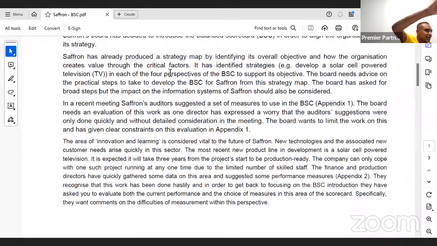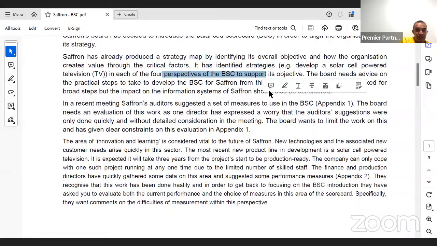Now we learn it as critical success factors. Here he says critical factors, both are the same. So don't get surprised by, okay, now what is critical factors? Same English. It has identified strategies, for example, develop a solar cell powered television, in each of the four perspectives of the BSC to support its objectives. Let me show you something.